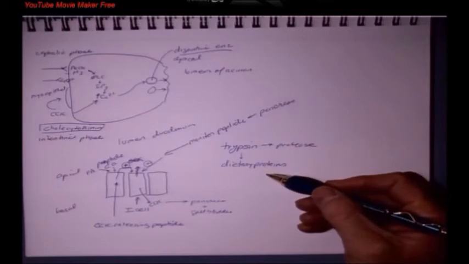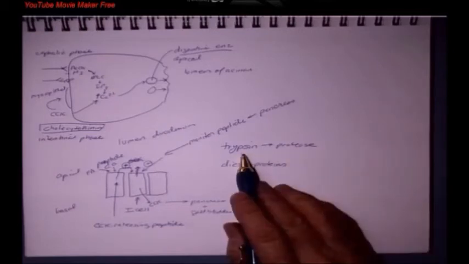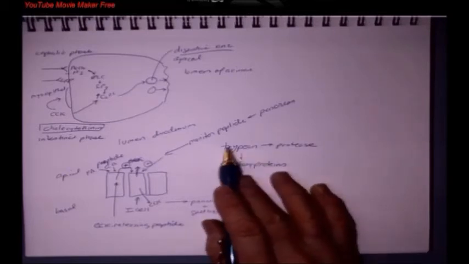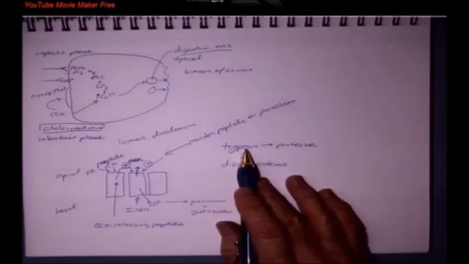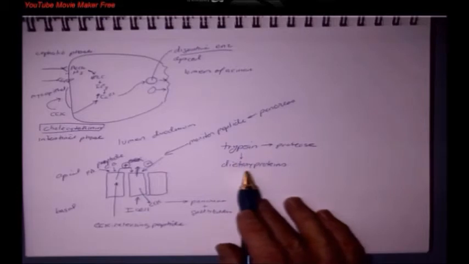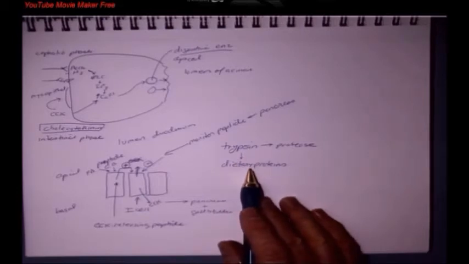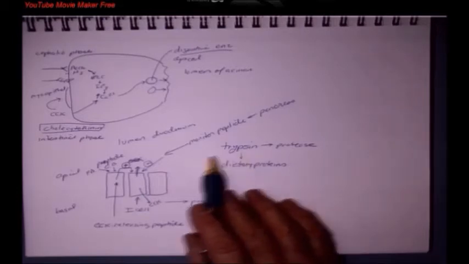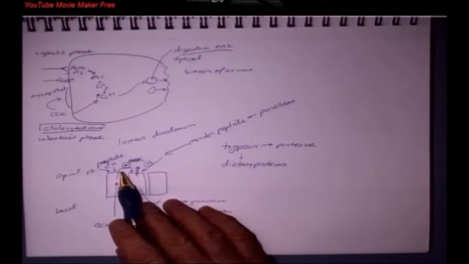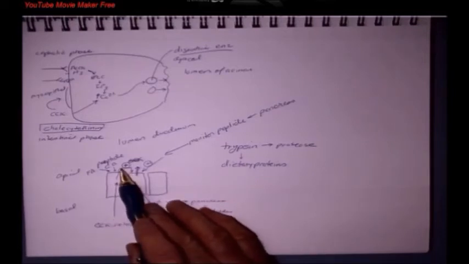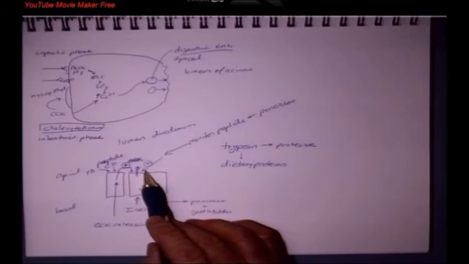But what happens when you've completed digestion in the proximal duodenum, and now your dietary proteins start to diminish? The trypsin is still there. The active site of trypsin now becomes available because it's not being occupied by our dietary proteins. So now the trypsin is looking for something else to digest, and that's the releasing peptide and monitor peptide. And by digesting those peptides into amino acids, you get rid of them, and so you stop the signaling on the I cell.